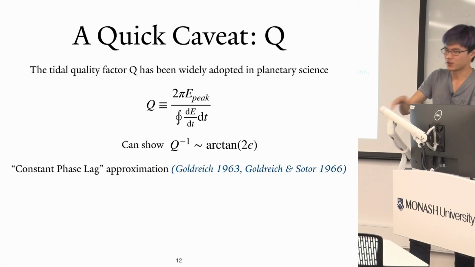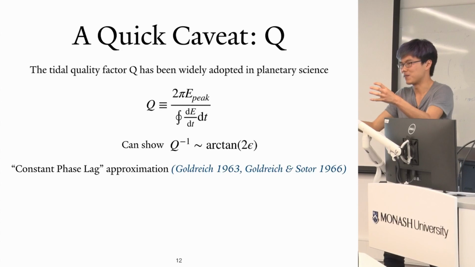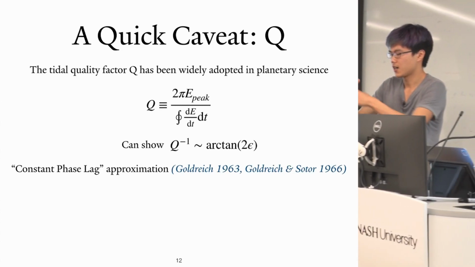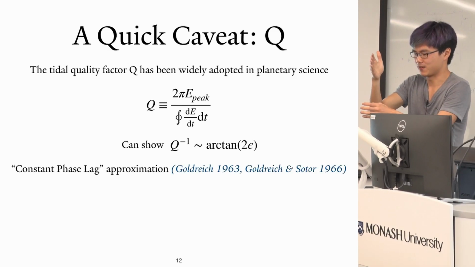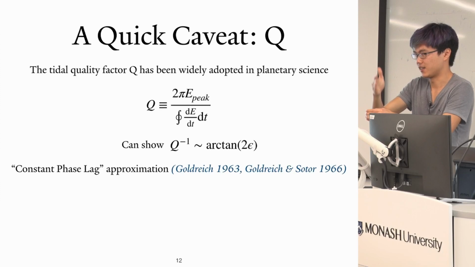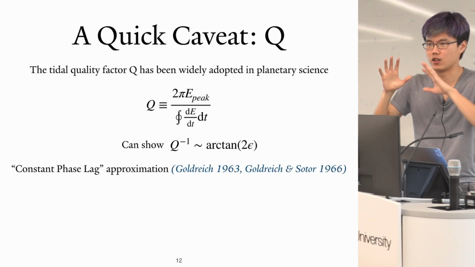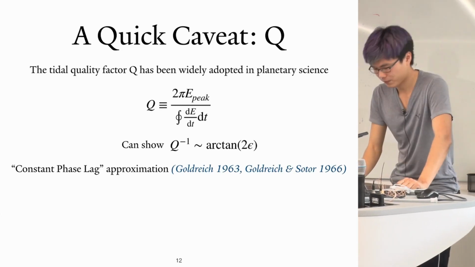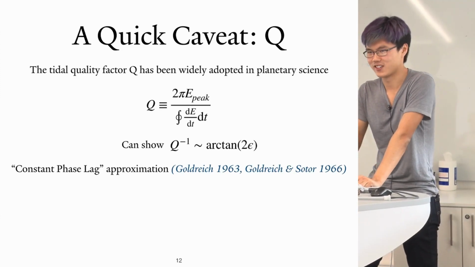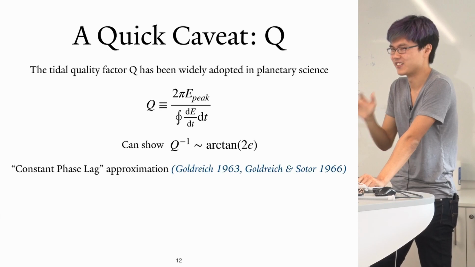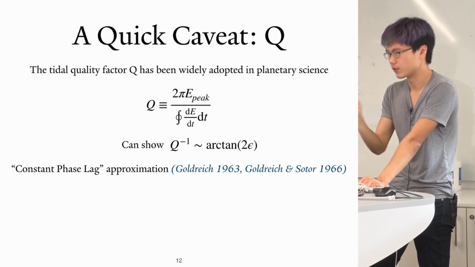So if you have body A and body B raising 2 different tides on body C, in both cases, the bulge raised by each of those bodies lags by time tau. And the same thing for the constant phase lag approximation. They'll lag by a common phase. Now, the exact validity of that approximation is something worth talking about in detail. But yes, in both of those approximations, it is an intrinsic quantity for each planet.